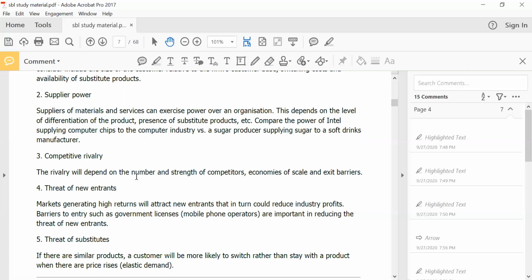And the sort of rivalry that comes up is based on the strength of the competitors. Some competitors are really huge, and those people can bully you. They can find all strategies to even take you out of business. But it also depends on what strategy or principles you are coming out with to meet them.